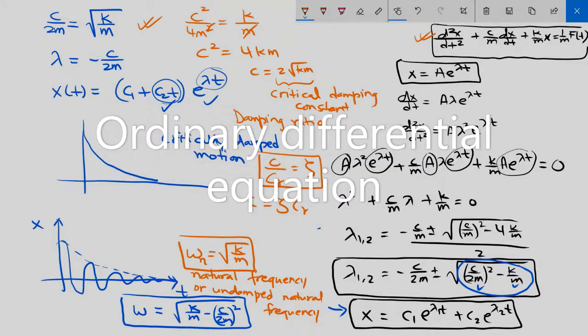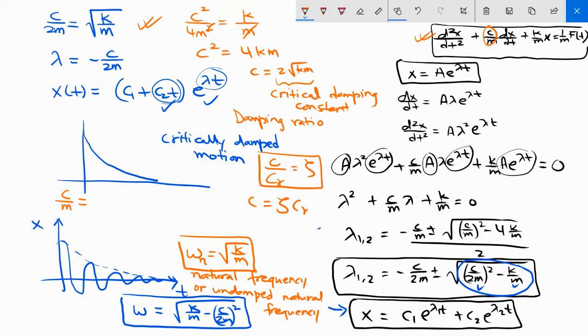How do we do that? So look at this c over m. c over m is equal to 2 times the damping ratio times the natural frequency. And let's prove that to ourselves. 2 times damping ratio.